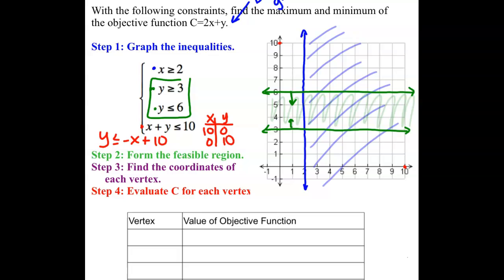You're still going to get the same line. We are starting here at 10 for our y-intercept, and we're doing a slope that's -1. All right, another solid line for that one. And this time we want to be underneath that line.